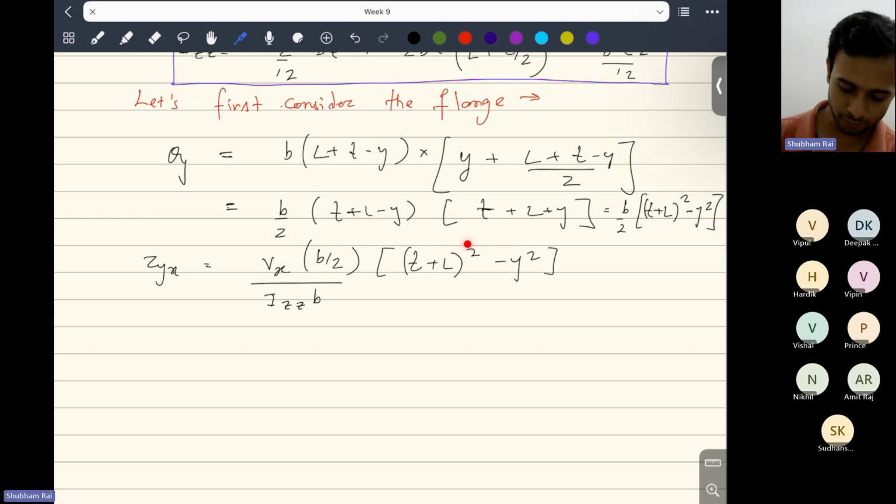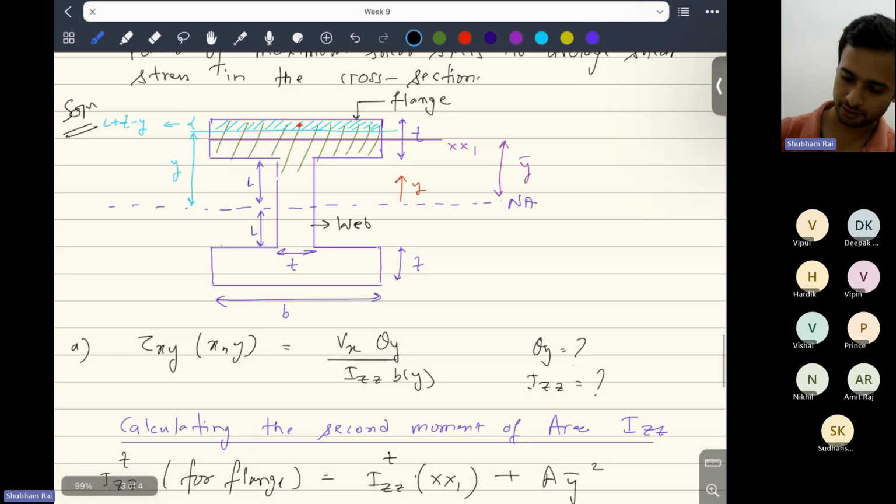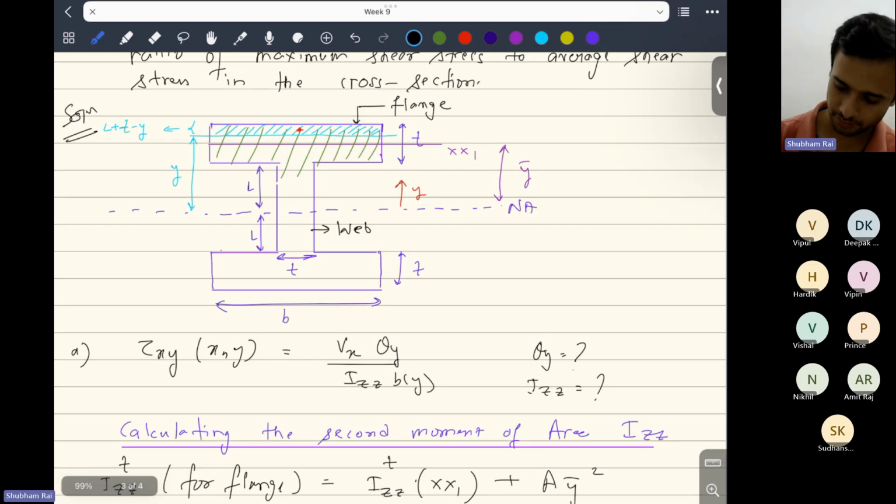Now let's find it out for the web. So Q for the web, we'll have to take now y coordinate of the web. So for the flange we have done, right? For the web, let me choose some different color.